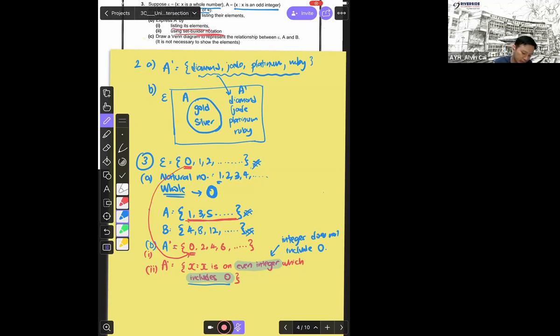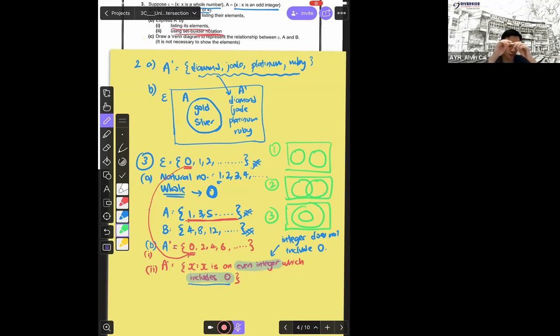Okay, so let's do a quick check-in. Scenario 1, scenario 2, or scenario 3. Which type? Is it disjoint, or is it common, or is it a subset? Can you help to key in your response in the group chat? Is it scenario 1?